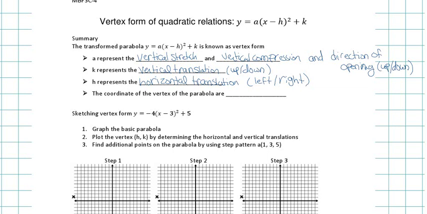Which letter represents the coordinate of the vertex? h, k, right? So my vertex is represented by (h, k).